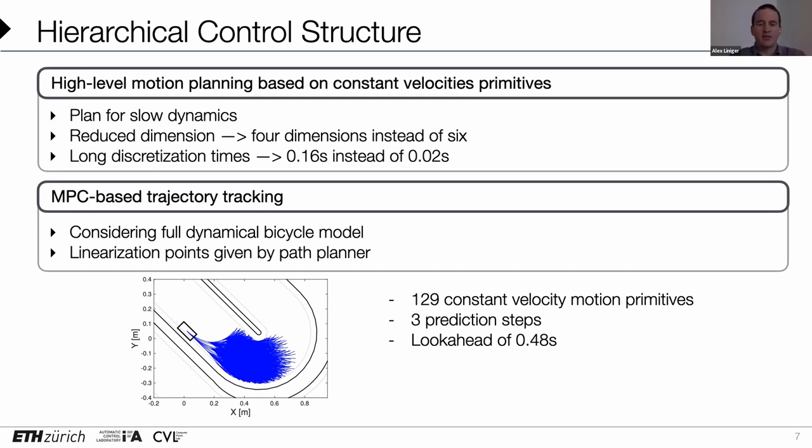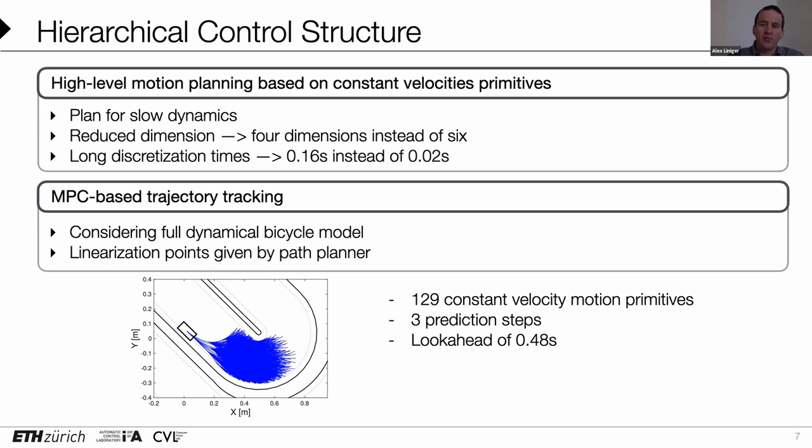Okay, so the idea is to have a hierarchical structure where in the higher level, we do motion planning based on constant velocity primitives. So there we really plan for the slow dynamics. So the position, and the velocity is just considered as the motion primitives and as an abstract state. And this allows us to reduce the dimensions. So we can run in 4 dimensions, the free position and then this abstract constant velocity state, instead of the 6 we had before.